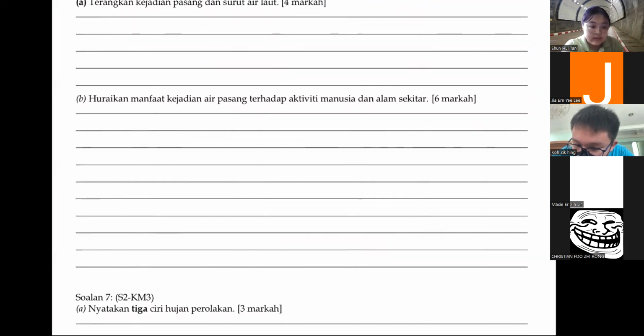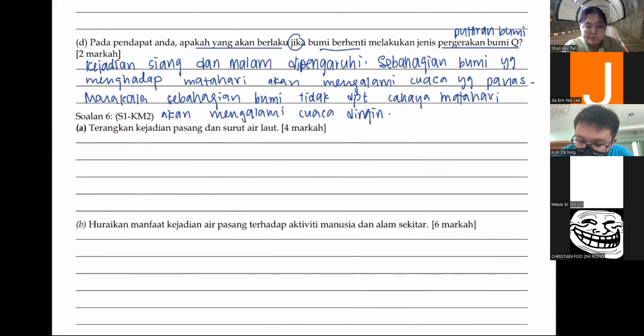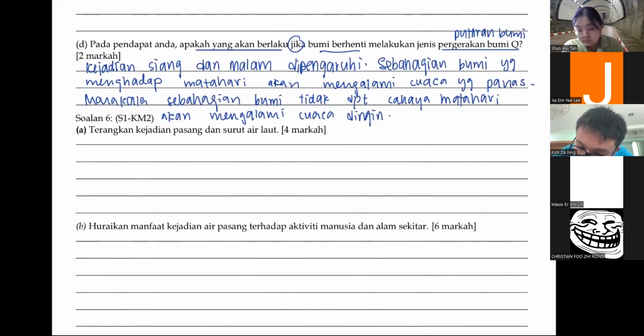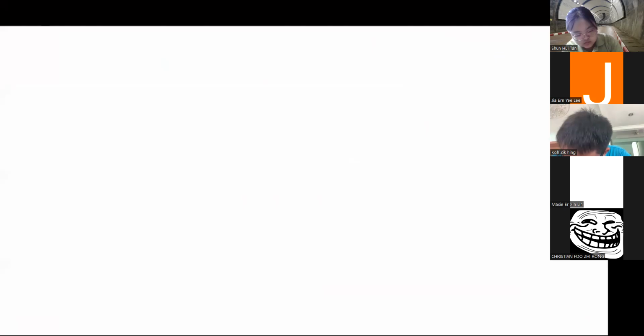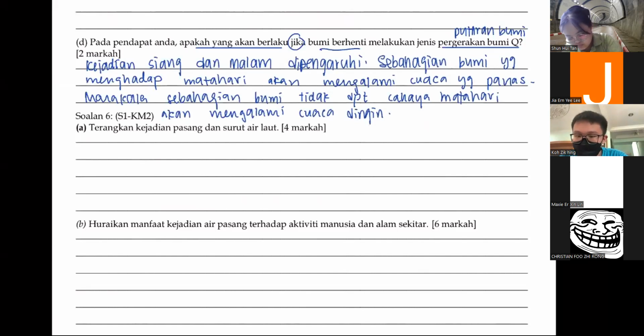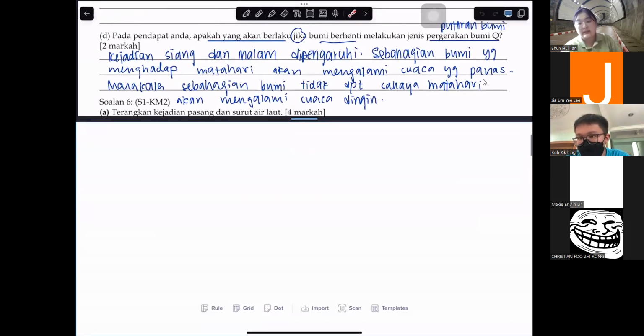Now, let me find an empty space. Since I'm not sure whether your friends are done copying or not, let me just go through with you, while waiting for your friends, so we don't waste time.